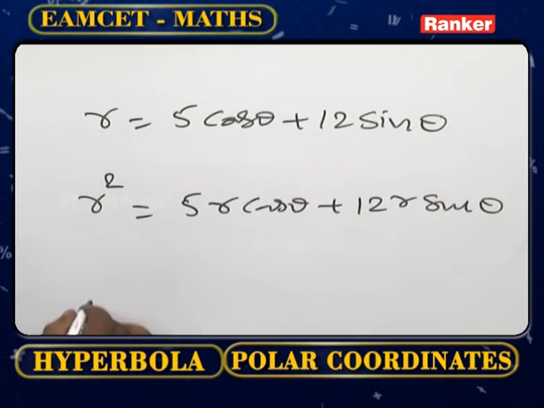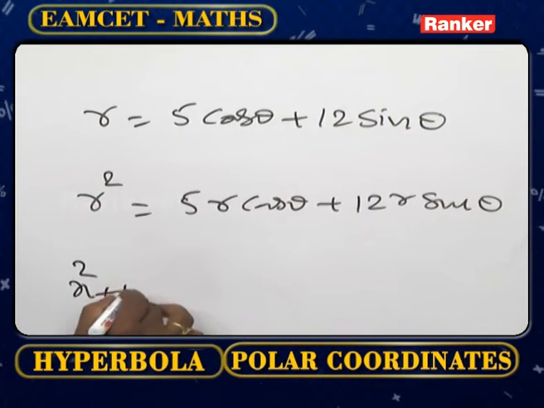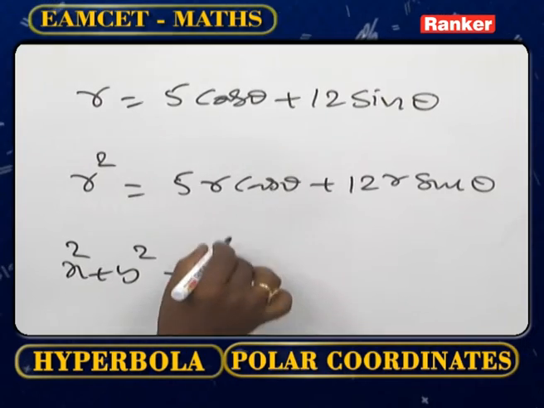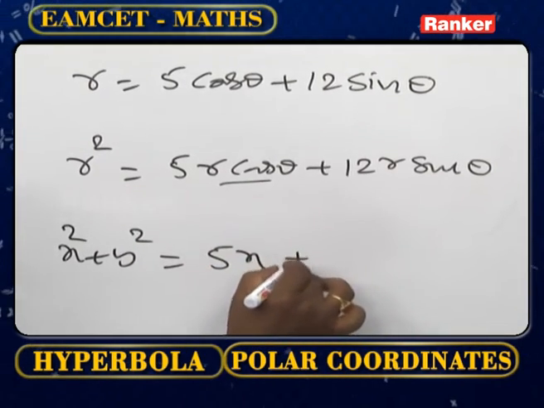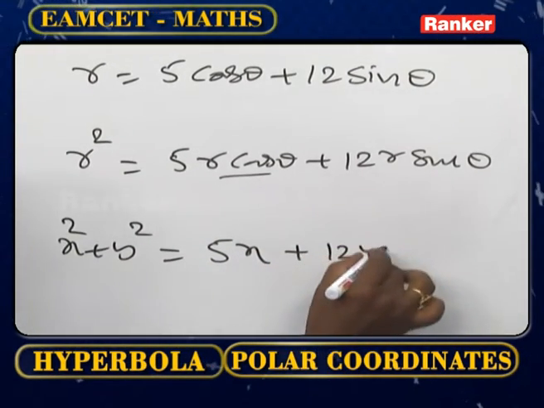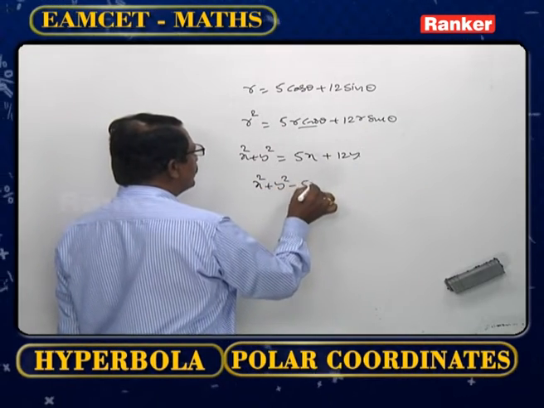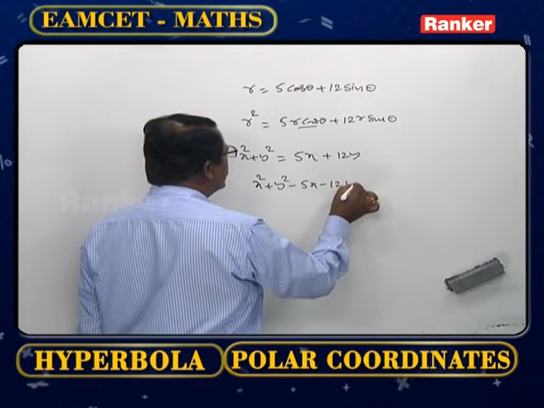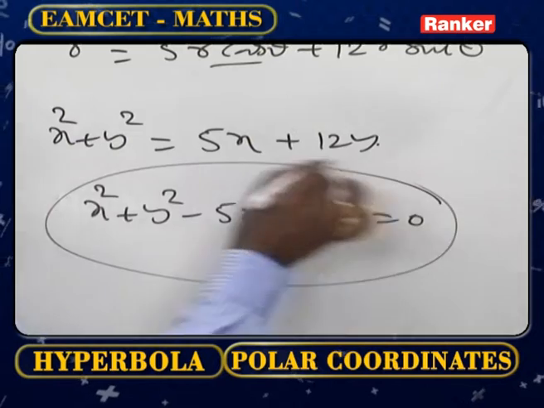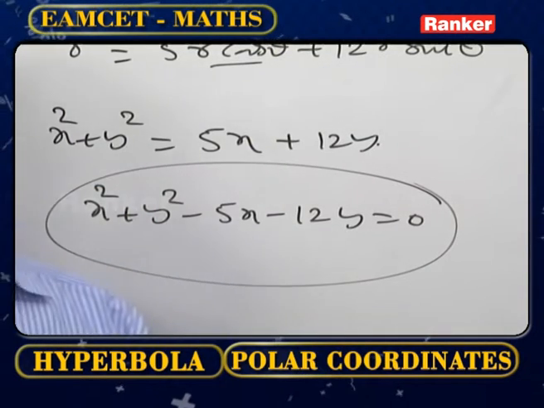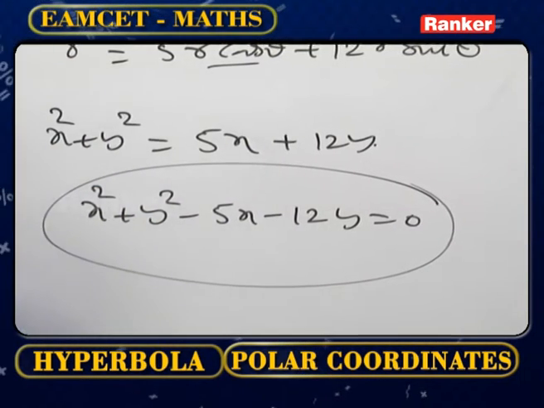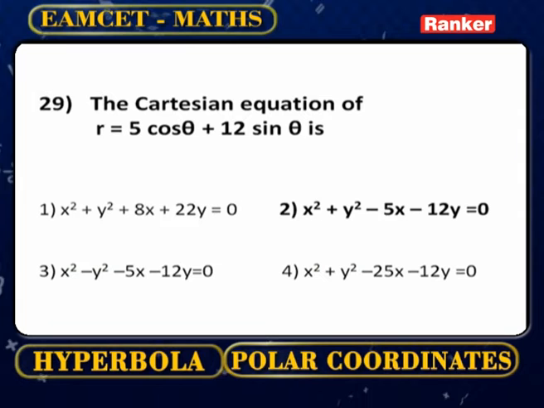But r square in terms of x and y is x square plus y square, equals 5 into r cos theta, which is x, plus 12 into r sin theta, which is y. Now, the required equation is x square plus y square minus 5x minus 12y equals 0. Now, second option is correct.